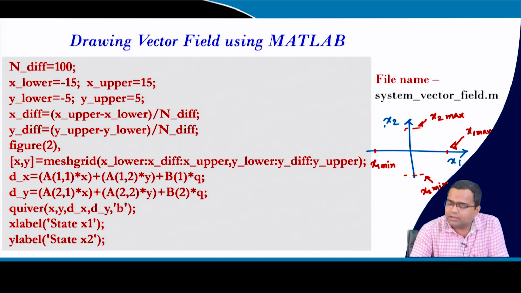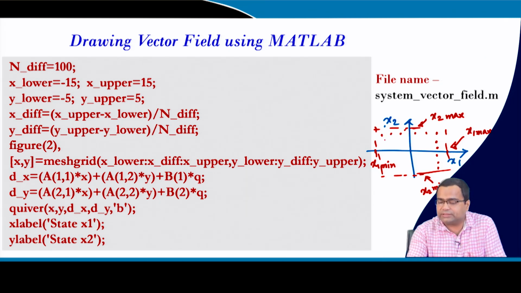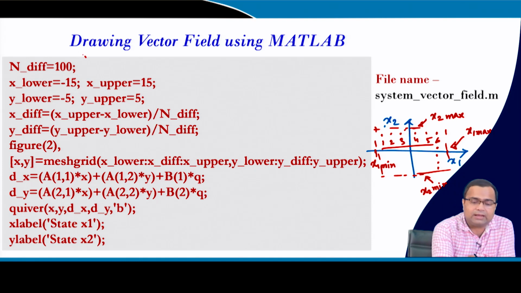Now, I want to create a grid with this. So, I want to take 1, 2, 3, 4, 5, 6 points along one axis, and 1, 2, 3, 4, 5, 6 points along the other. So, this is where the number of points comes in.